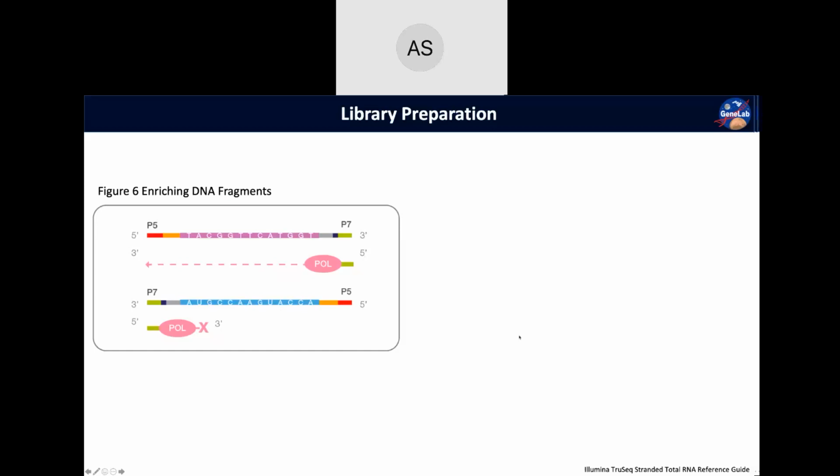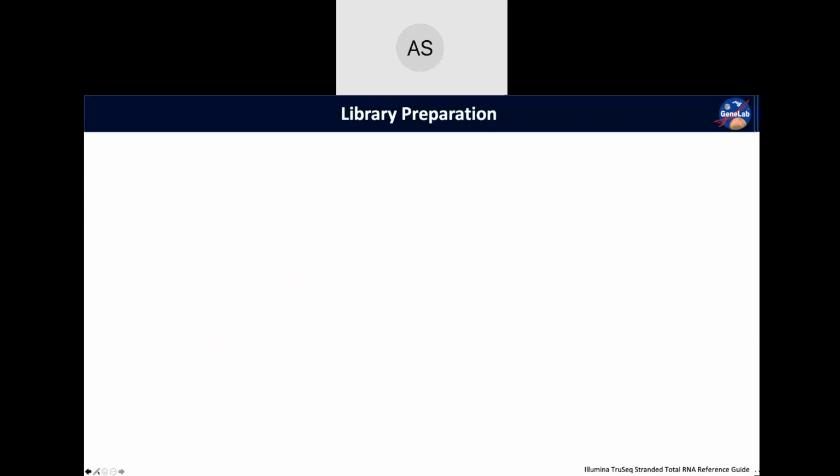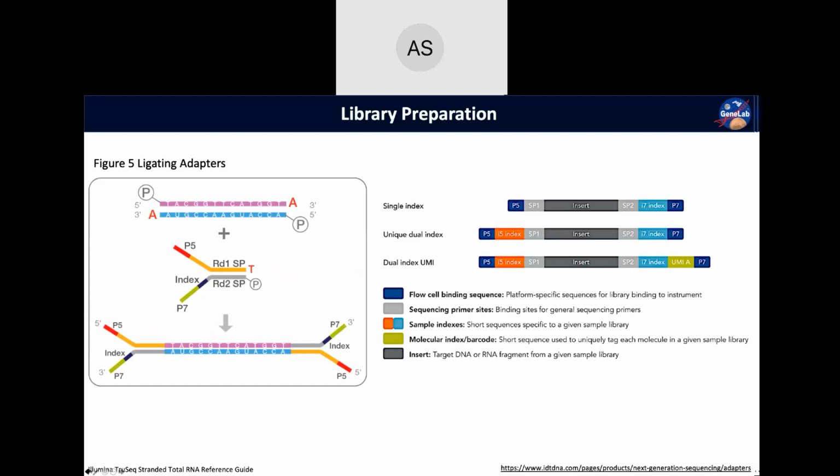Yeah, primer dimers are a huge issue in the PCR step. So remember, after we create our libraries, after we add on our adapters, at this step, we do a size selection. So we try to remove anything that's small and hopefully remove our primer dimers.